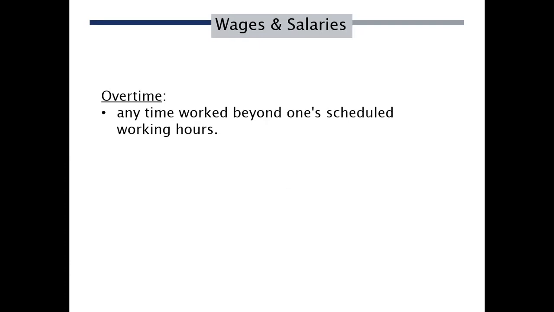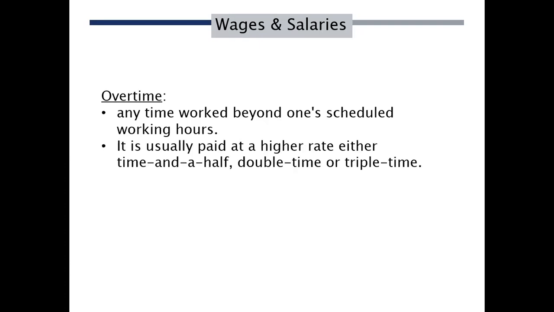So if you work 45 hours, 50 hours, 60 hours, anything in addition to the 40 hours is going to be overtime. The thing about overtime is, in most, if not all cases, you are paid more to work overtime. You're paid at a higher rate. And so either it's going to be time and a half that you're paid, double time or triple time, depending on where you are.